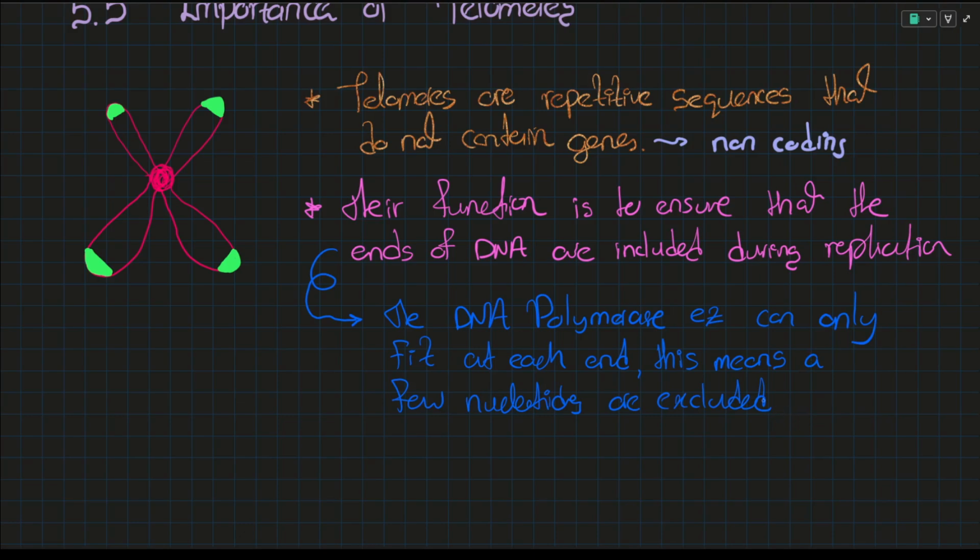So a few nucleotides are excluded each division. Okay? Therefore, these telomeres provide almost something like a buffer.